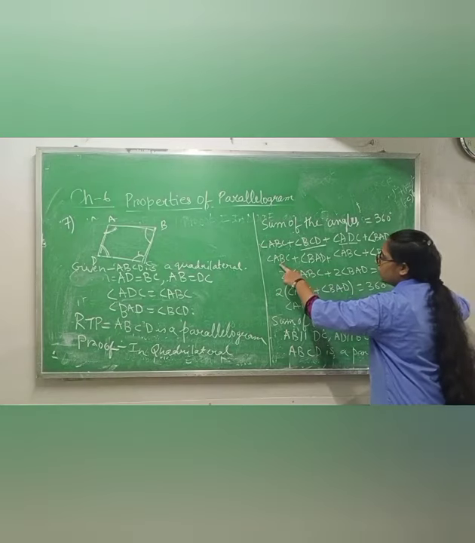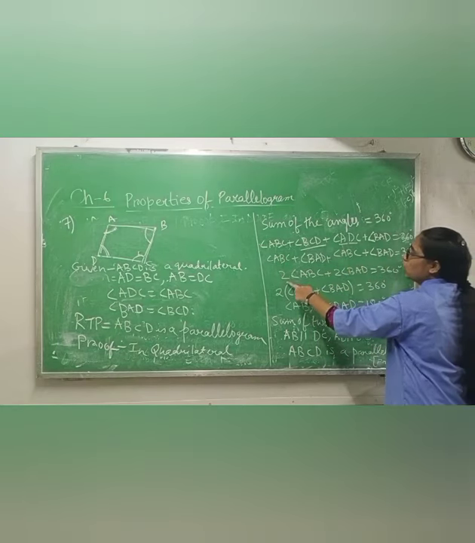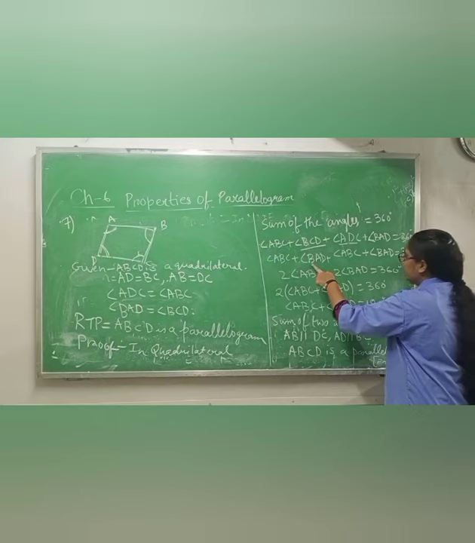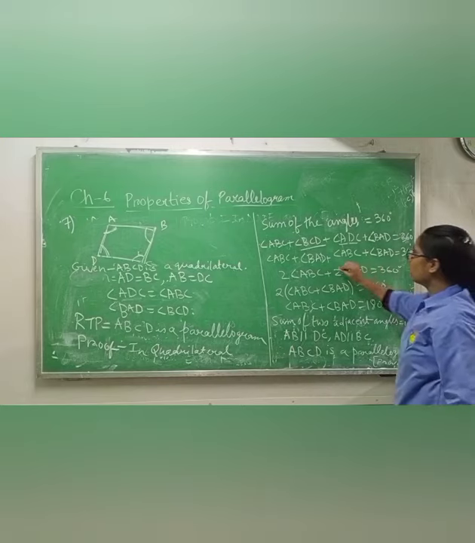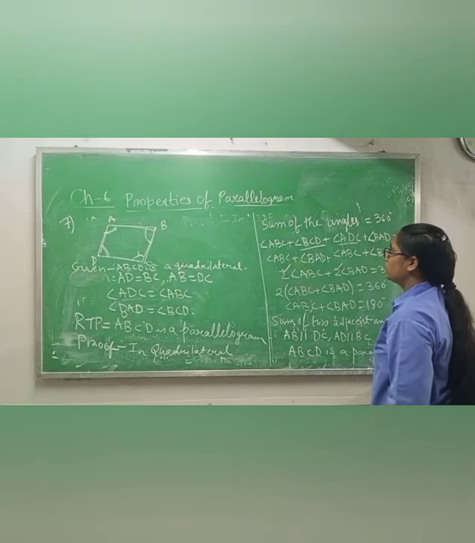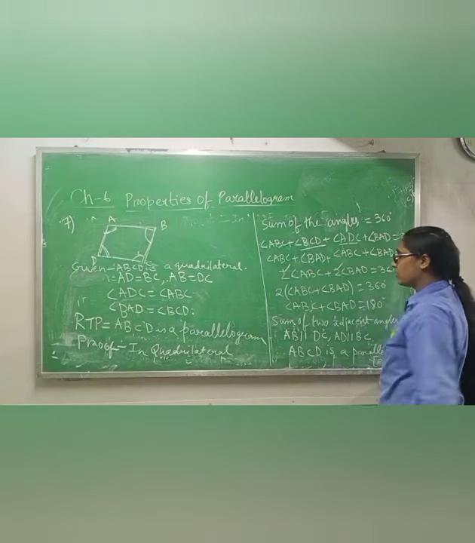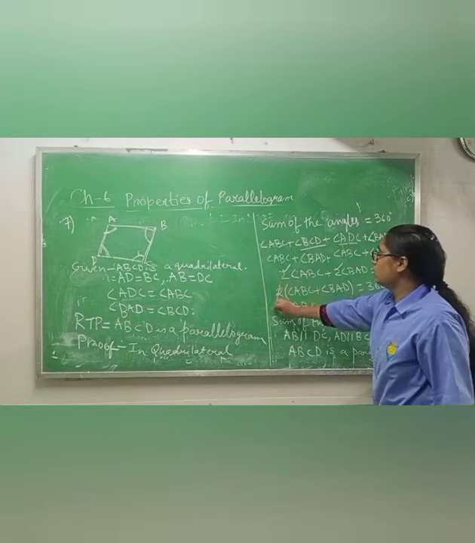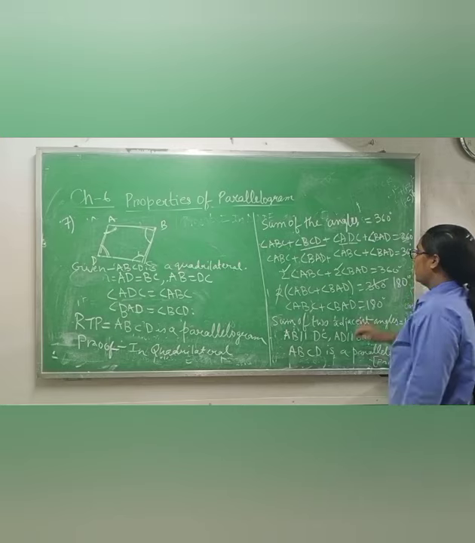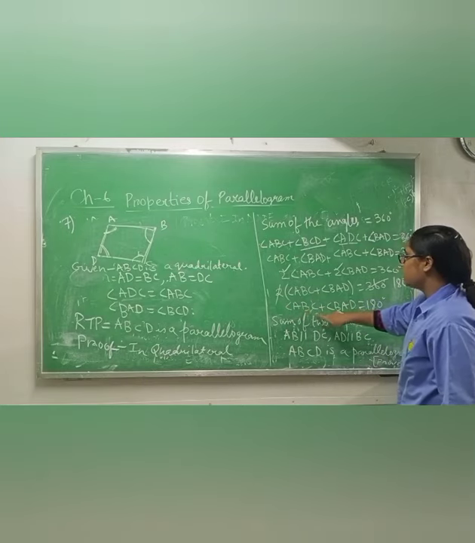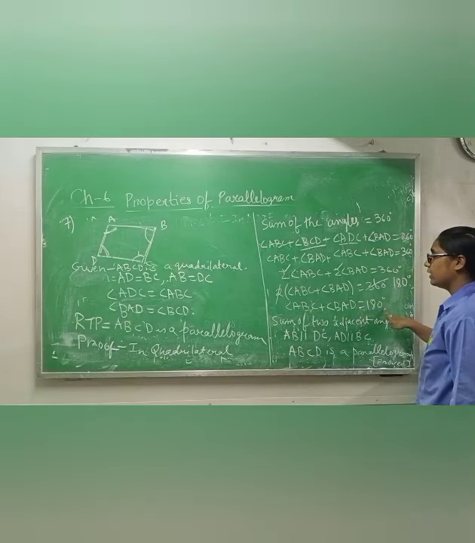Now angle ABC plus angle ABC will give you 2 angle ABC. Angle BAD plus angle BAD will give you 2 angle BAD equals 360 degrees. Now you can see 2 is common, so I am taking 2 as common. Now 2 ones are 2, 2 eights are 16, 0. Okay, so I am getting angle ABC plus angle BAD equals 180 degrees.